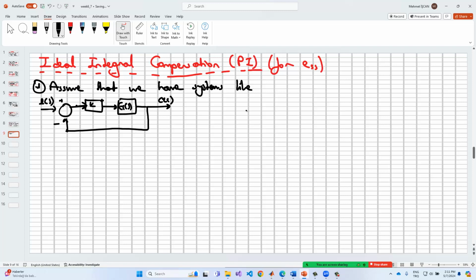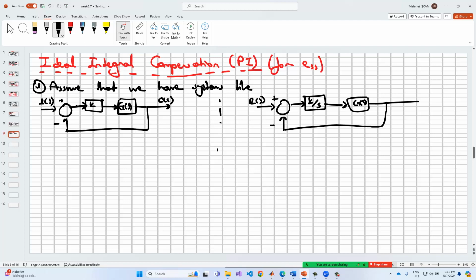And also, if we know that the integral expresses the what, the steady state error, then we can draw another controller form in here, just like this one, the G(s), and we can add the compensator in here, K divided by S. Okay, so what is the difference between these two systems in here?